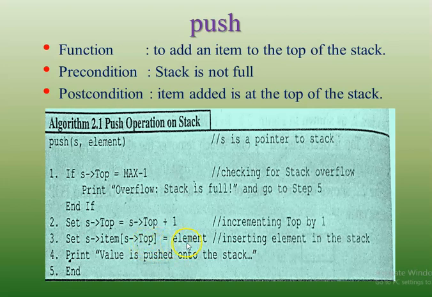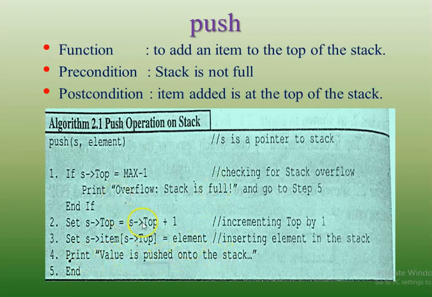So this element will be stored at the new top location. Thus we have inserted a new value at the top location of the stack. So we are printing a message accordingly that the value is pushed onto the stack.